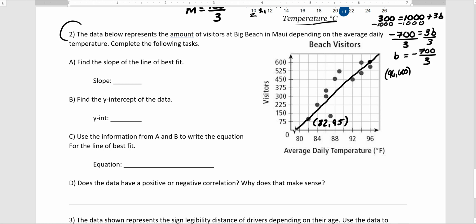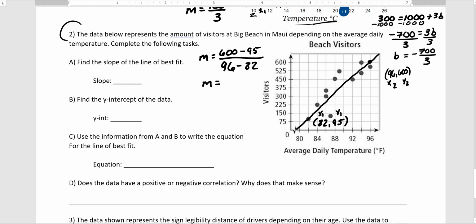All right, so let's find the slope here. Like I said, we're approximating. We're probably going to get some ugly numbers. That's okay. X1, Y1, X2, Y2. So my slope, Y2, 600 minus Y1, 95 over X2, 96 minus X1, 82.